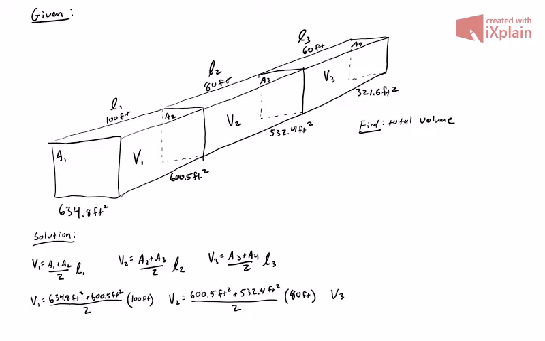And then for volume 3, we're going to have 532.4 feet squared plus 321.6 feet squared all over 2 times 60 feet.